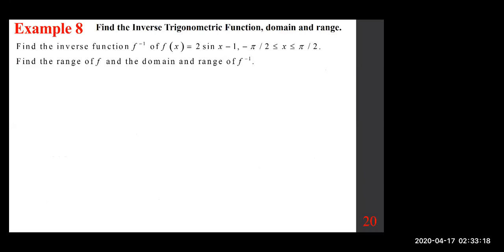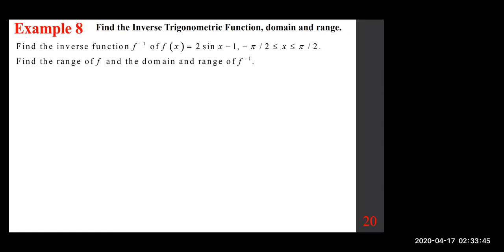Okay. Now here's what we have. f of x is 2 sine x minus 1, and x is between negative pi over 2 and pi over 2. So we want to find f inverse. The reason it's given that x is between negative pi over 2 and pi over 2 is so that it does have an inverse. Remember, sine in any form or shape doesn't have an inverse unless you restrict its domain, and that's why we've done that.